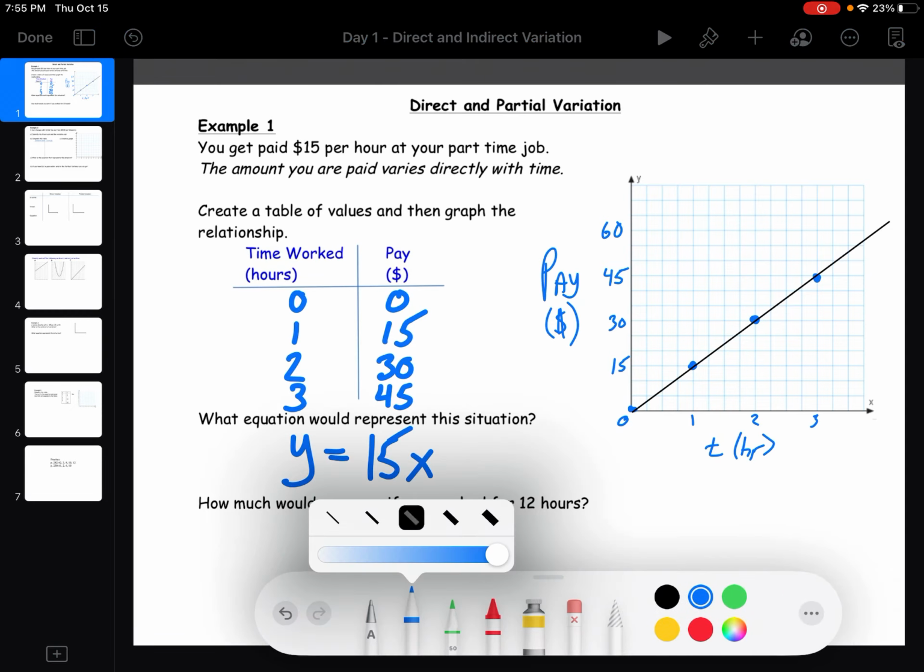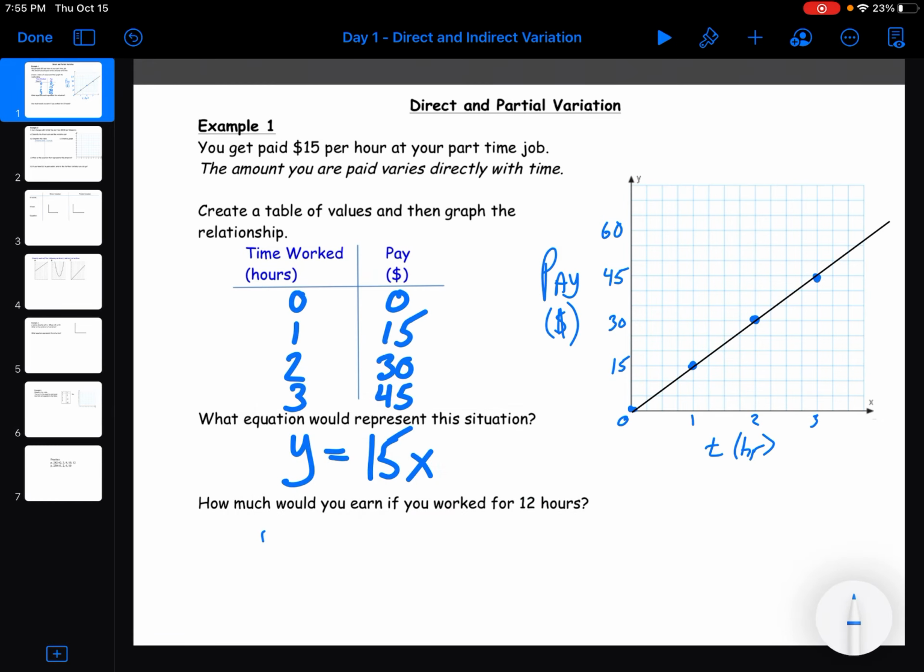All we have to do is sub 12 in for x in our equation. So we'd have y equals 15 times 12. All we have to do then is multiply 15 and 12. So we're going to get 180. Therefore, after 12 hours, you earn $180.